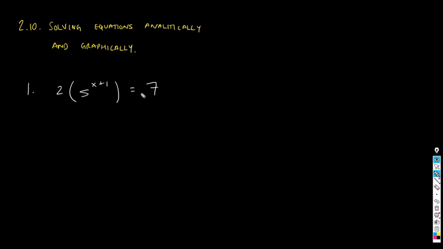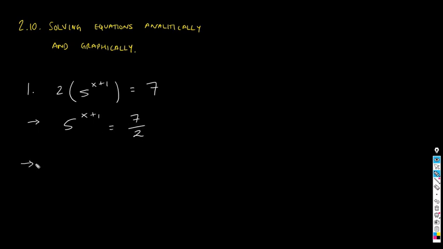We have an exponential equation, and basically what I want to do is divide both sides by 2, because the simplest case that I can treat regarding exponential equations is having something like this: a base raised to some expression containing my variable equals another number, which is constant.